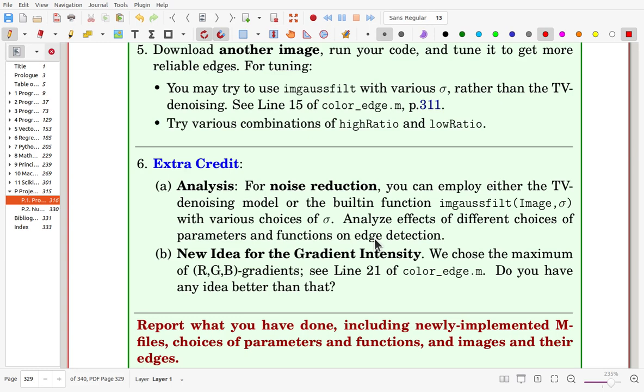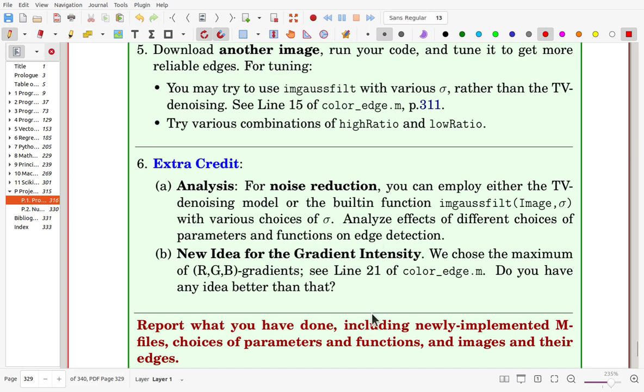So if you can say some tendency or phenomenon, depending on your choice of functions and parameters, then try to add that finding to your final report. Then I'll try to give you some extra credit.